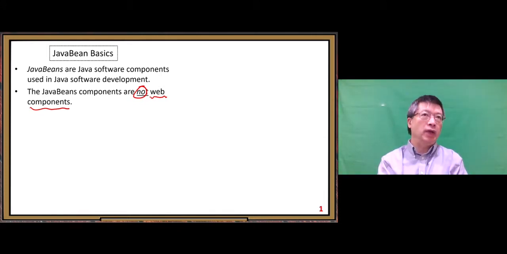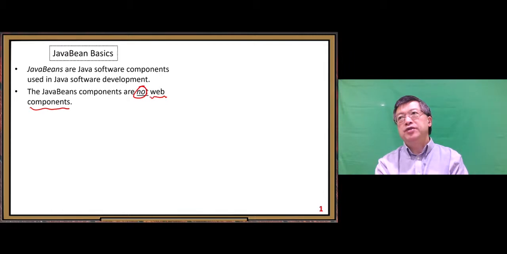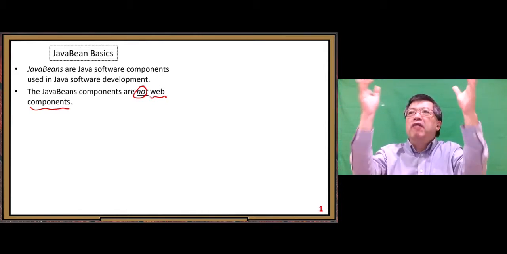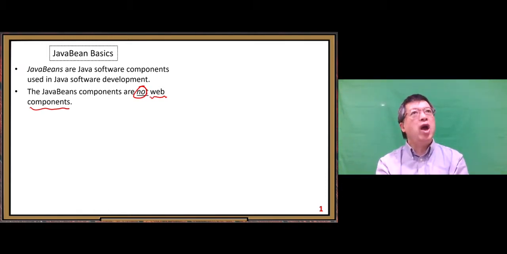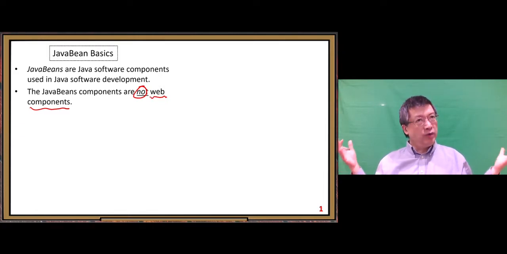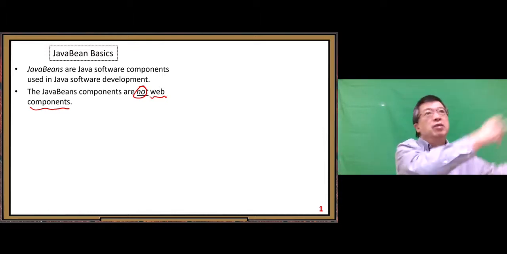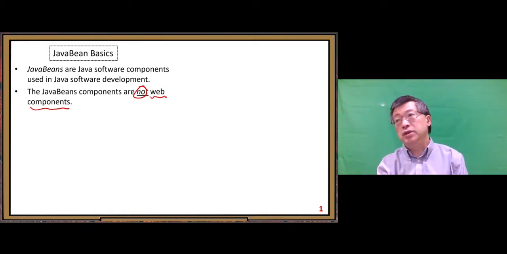Why is that? The reason is very straightforward. Web components rely on the web environment, the typical server environment. Otherwise, if they can be used outside the web environment, how can you call them web components, right?